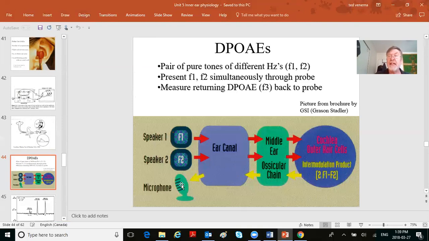Think of OAEs like sweat from hard work. Sweat is a byproduct of working your butt off. Put your hand against the light bulb and feel the warmth. The heat is a byproduct of the light bulb. The light bulb's job is mainly to provide light, but a byproduct is heat. And think of OAEs as a byproduct of the outer hair cells working their tails off to amplify and sharpen the traveling wave.